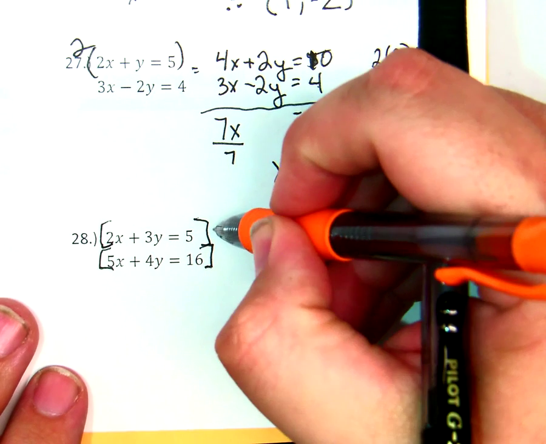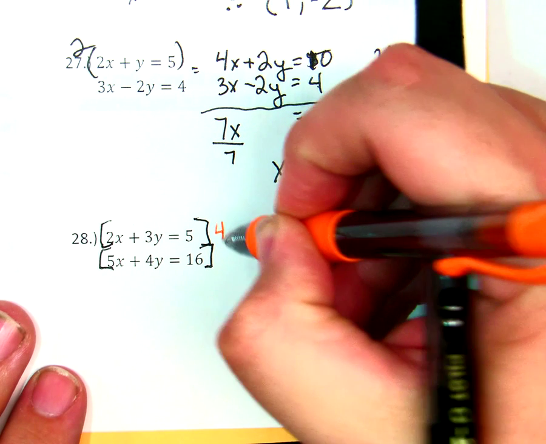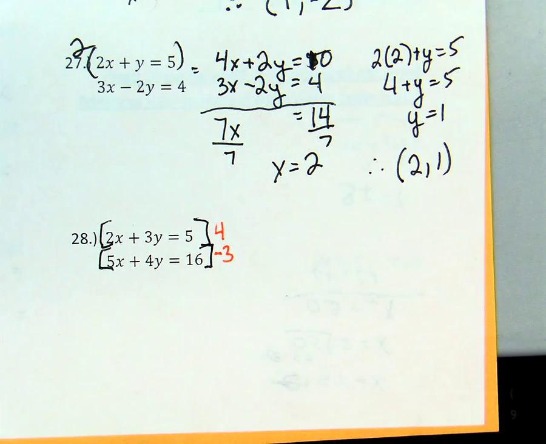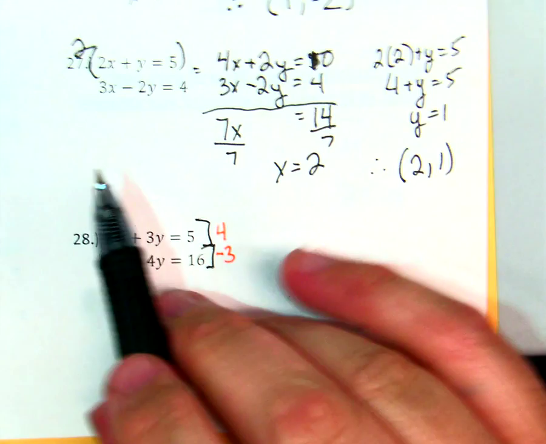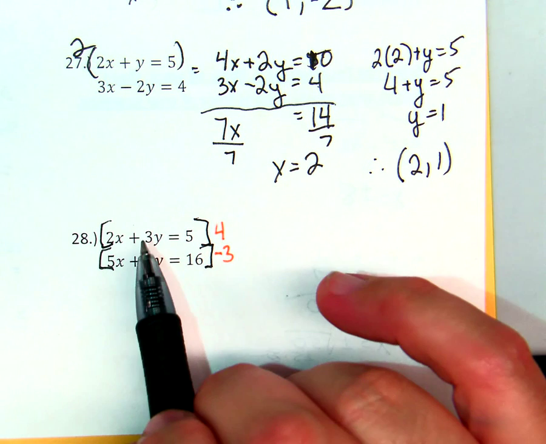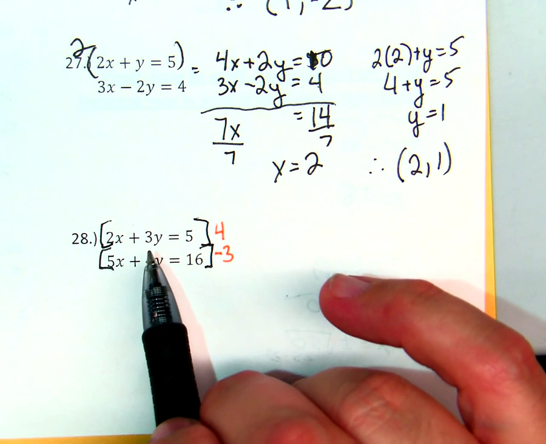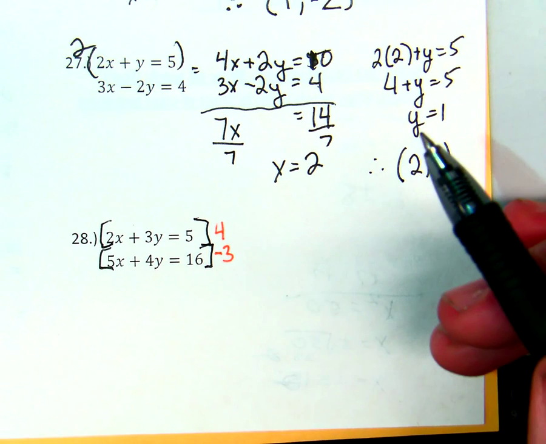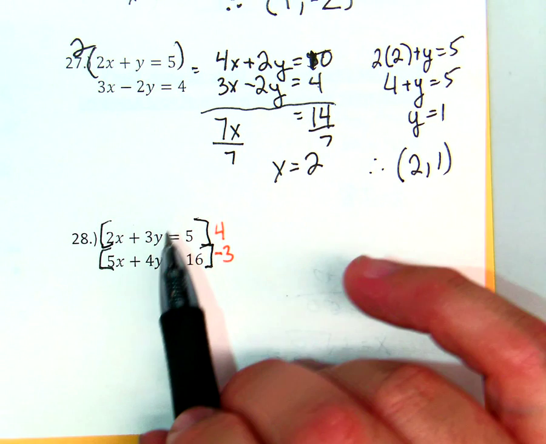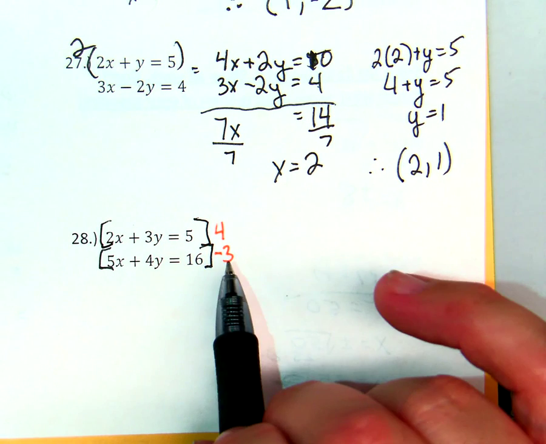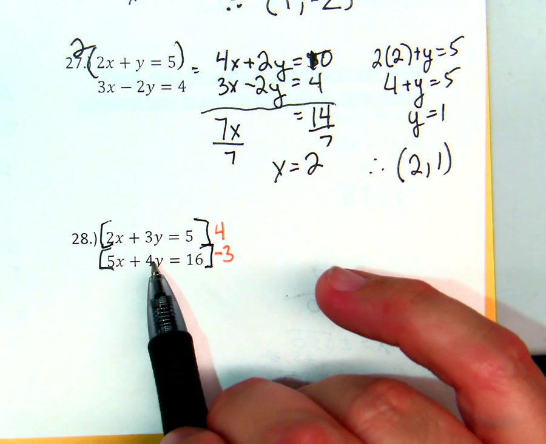And that is going after the y's. The easiest way to go is to take the coefficient of the top and multiply the bottom by that. Take the coefficient of the bottom, multiply the top by that. And if you have to make one negative, just choose one to make negative and go.